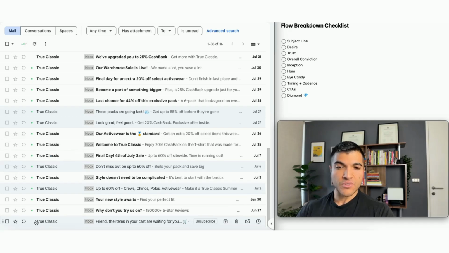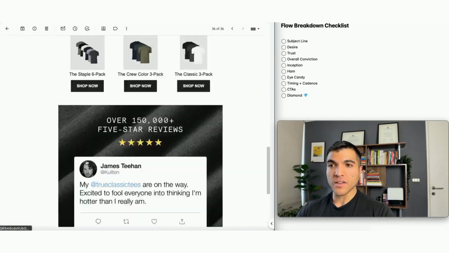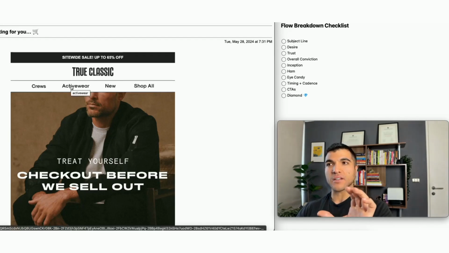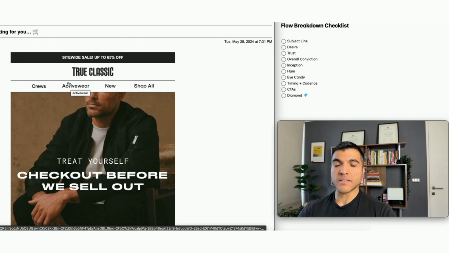In this case I was curious why they were not tracking me, and it's because of this. Usually Klaviyo adds the pixel at the bottom of the email. So if the email is clipped, they are missing the pixel and they cannot know whether you opened the email or not. So that is a red flag.